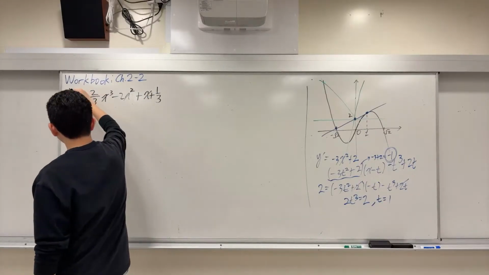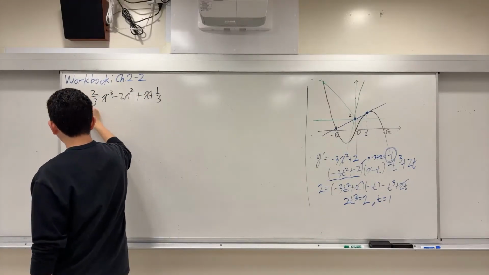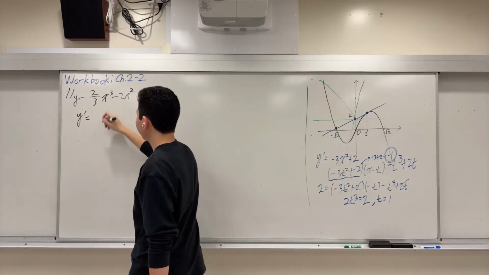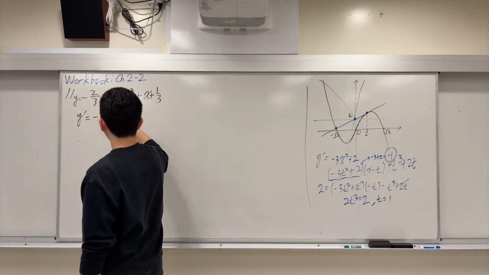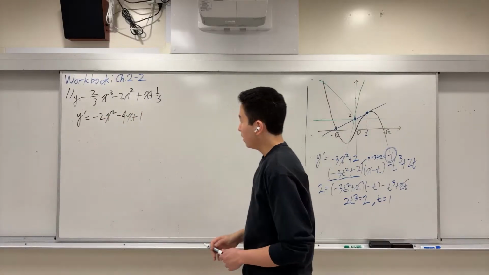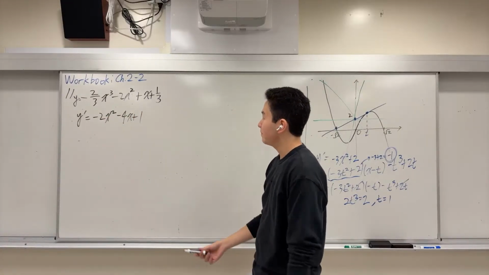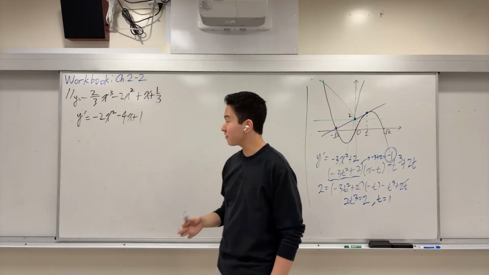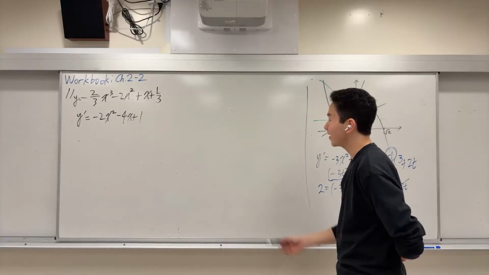Okay, so let's set this as y, and then we'll compute y prime. So that's going to be, 3 going down, negative 2x squared minus 4x plus 1. And we're basically trying to find the maximum possible value of this, which is pretty easy because it turns out it's a quadratic, right?